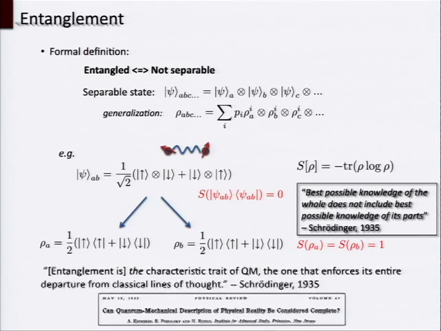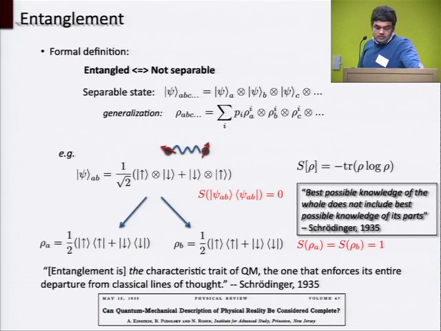This was recognized a long time ago, and this is precisely what led Einstein, Podolsky, and Rosen to posit that quantum mechanics is not a complete description of reality. We've progressed a lot since then, and we think that it's a complete description, but maybe one that's not intuitive.